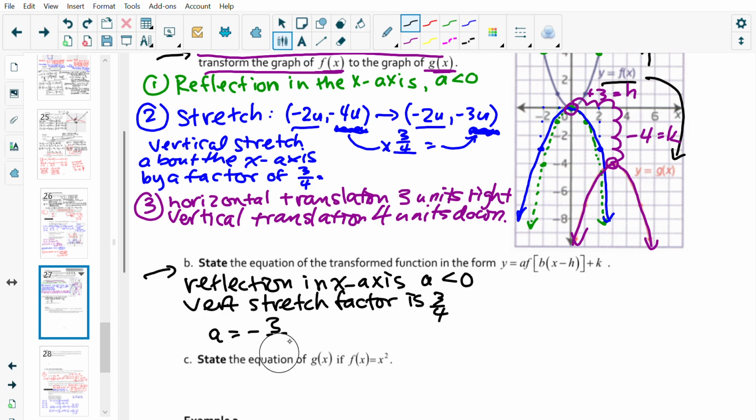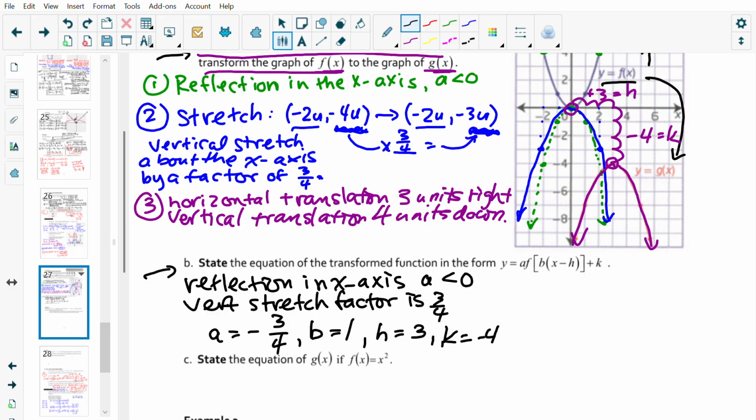Okay, let's bookmark that. Keep that aside. Negative 3/4. Okay. b is equal to 1. There's no horizontal stretch. h is positive 3 and k is negative 4.